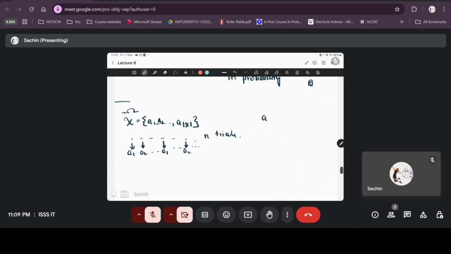Suppose the value a1 occurs n of a1 times, a2 occurs n of a2 times, etc. A script x occurs n of a script x mod script x times.